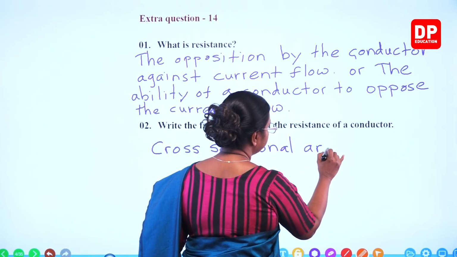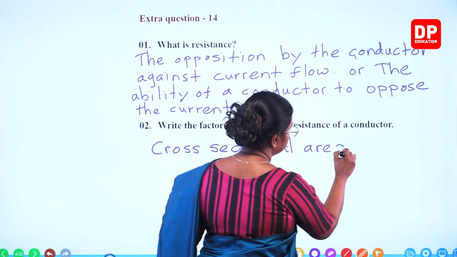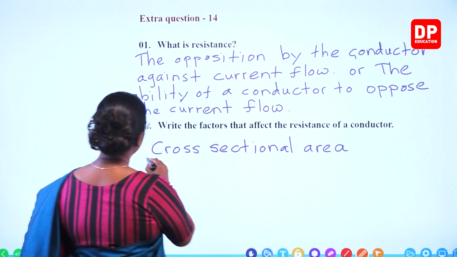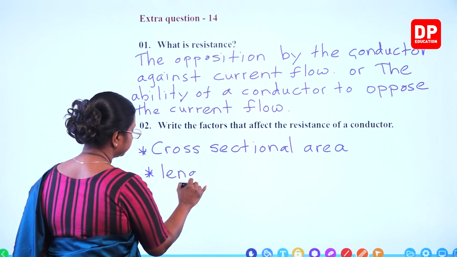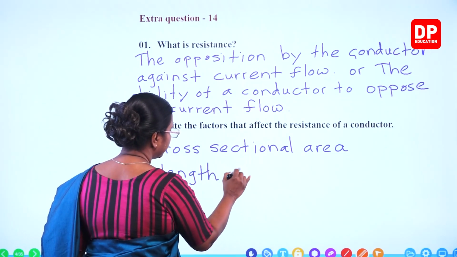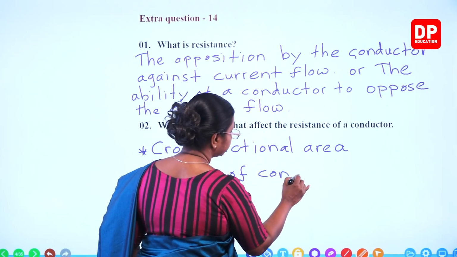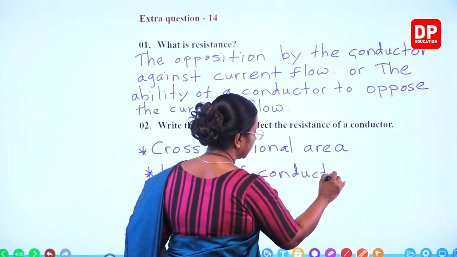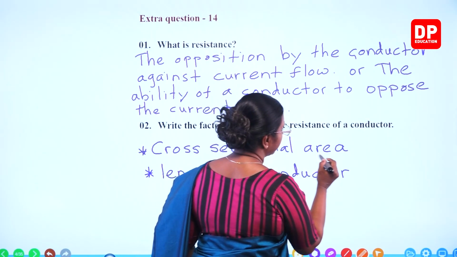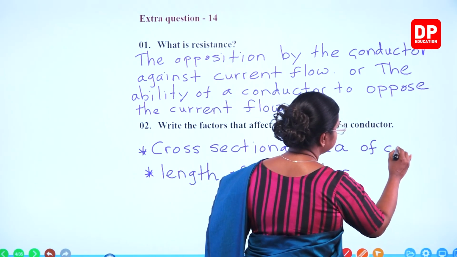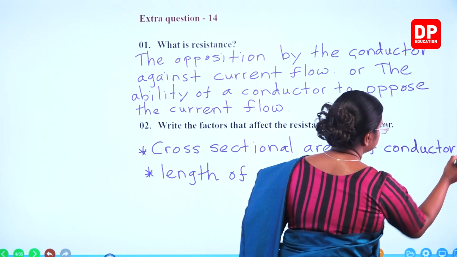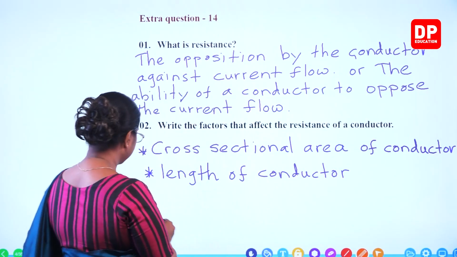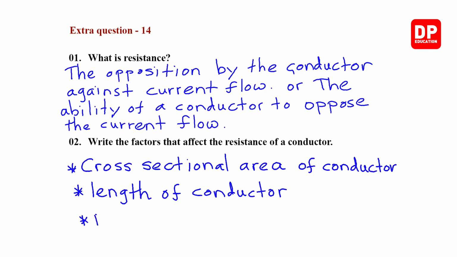Cross-sectional area. Then we have the length of conductor. So here also we can say cross-sectional area of conductor, length of conductor, and material of the conductor.